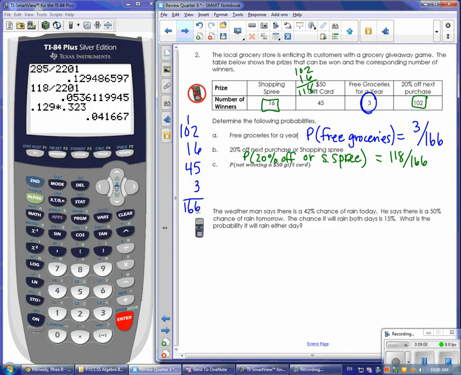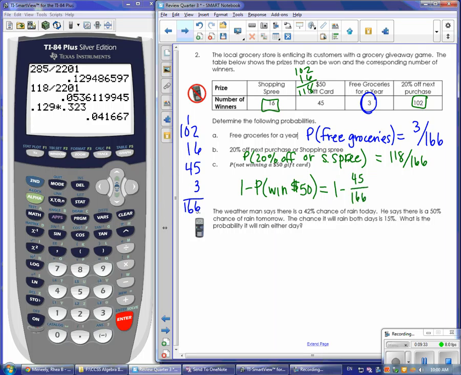And then the last one says, what's the probability of not winning a $50 gift card? Well, I can add up all of those values, or I can simply do 1 minus the probability of winning the $50 gift card. This is the complement rule. So it would be 1 minus 45 over 166.